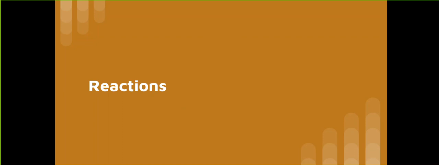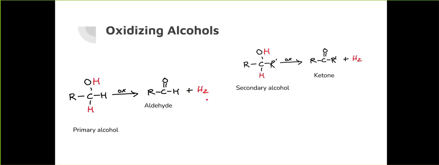All right, chemical reactions. So you can oxidize an alcohol. I think we looked at this last week as well. If you have a primary alcohol here, so this OH is on a carbon that is only connected to one other chain of carbons, then this gets oxidized into an aldehyde.